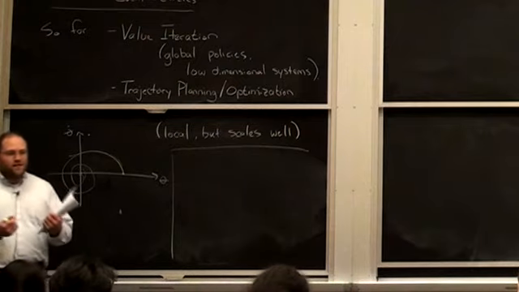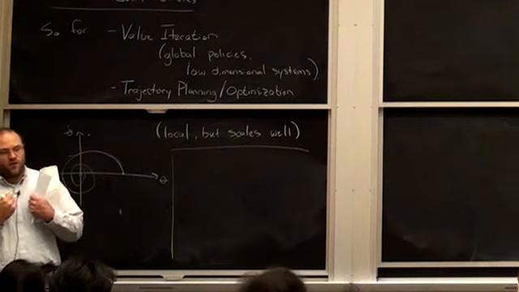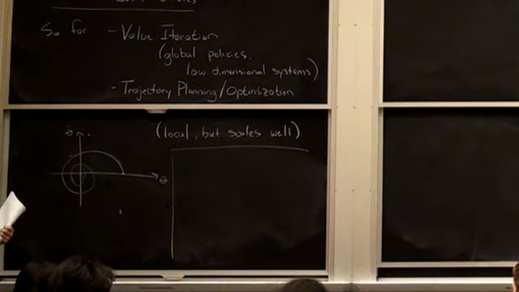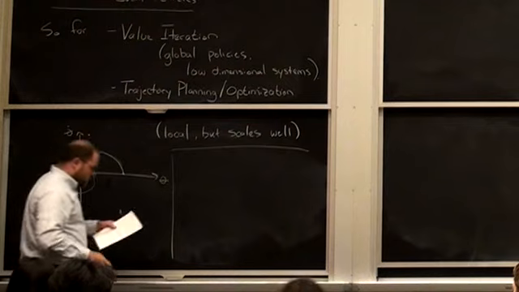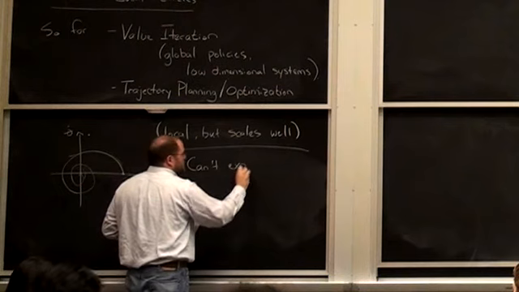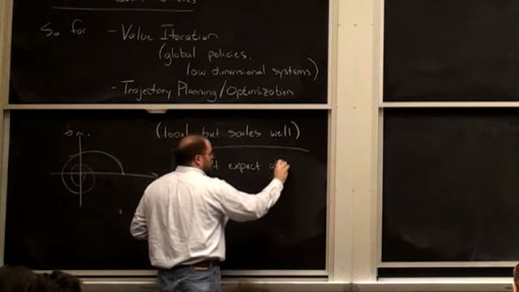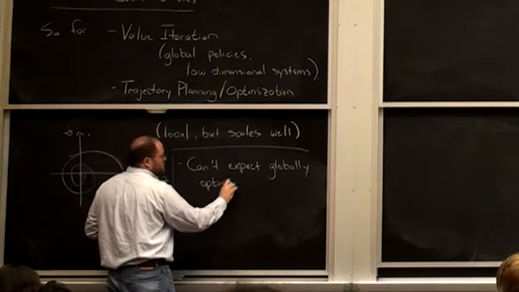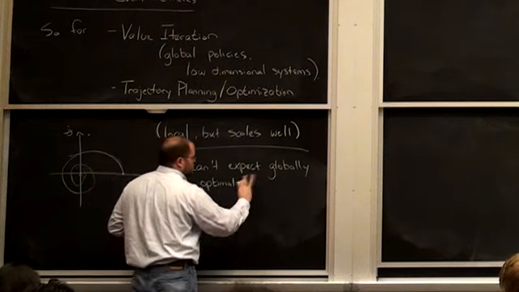Unless you have some analytical insight which turns the problem into a linear problem or something like that, I'm not saying that I'm going to give you globally optimal policies. What I'm trying to say is we can potentially get good enough policies using these methods, okay? So I just want to make the point that we really can't expect globally optimal policies unless we explore every state action pair.